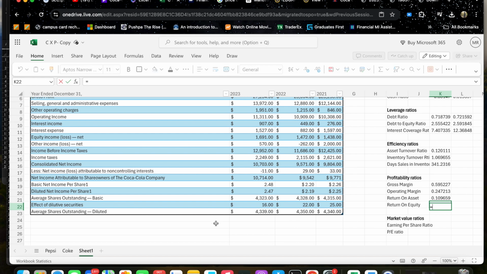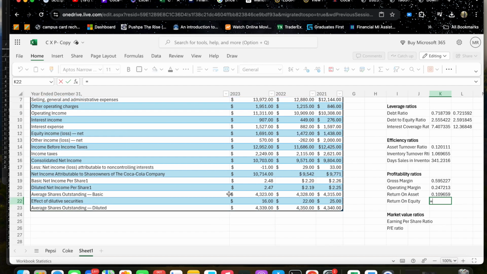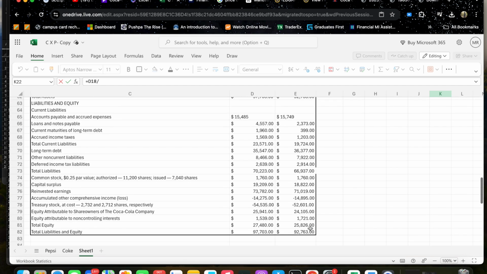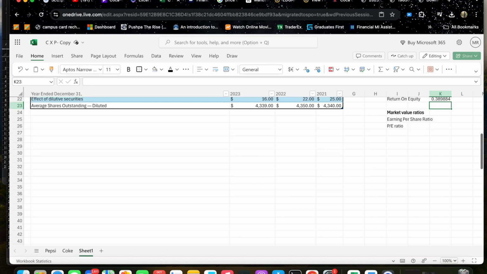Net income divided by the total equity. Here you go.